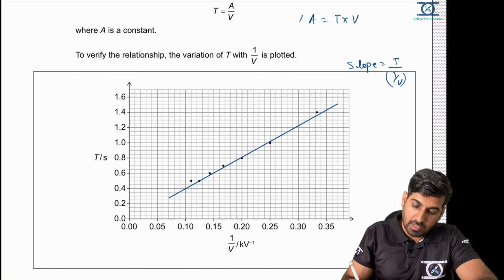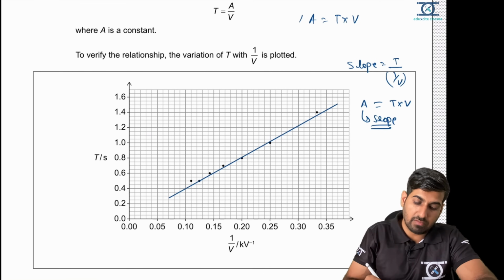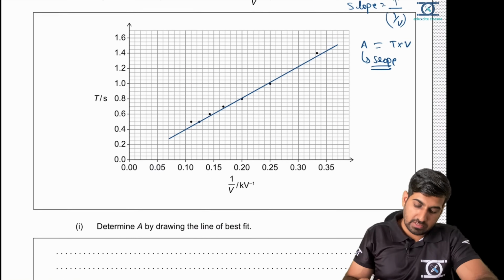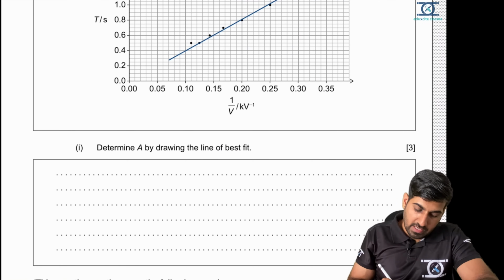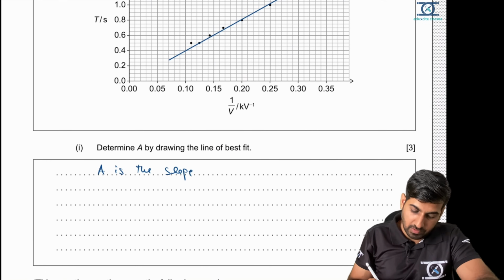T by 1 by V is nothing but T into V, and T into V is nothing but A. So A is nothing but the slope. If I find the slope, that slope will be the value of A. Okay, so A is the slope, or you can say the gradient, of the T versus 1 by V graph.